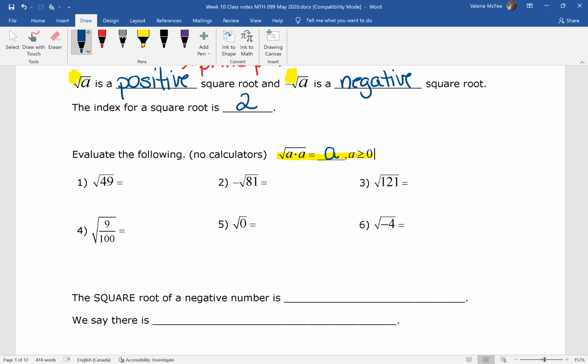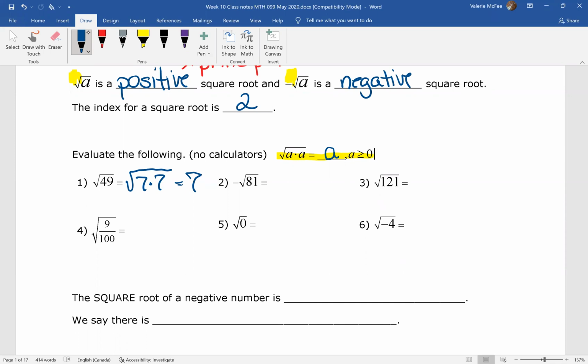I hope you know what the square root of 49 is, but let's use this principle to think about our answer. We could rewrite the square root of 49 as the square root of 7 times 7. Oh, there's our a times a. So it equals 7.